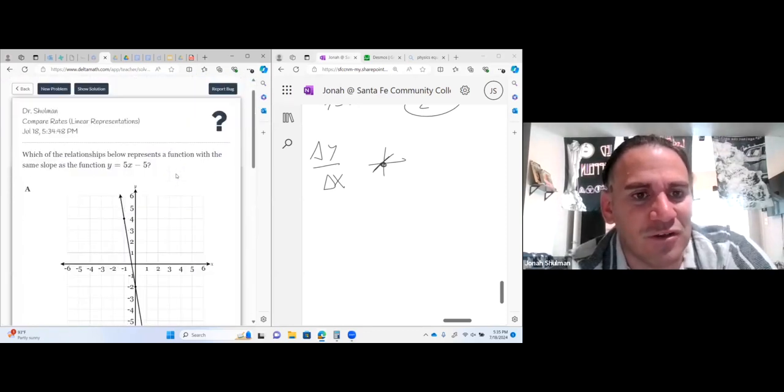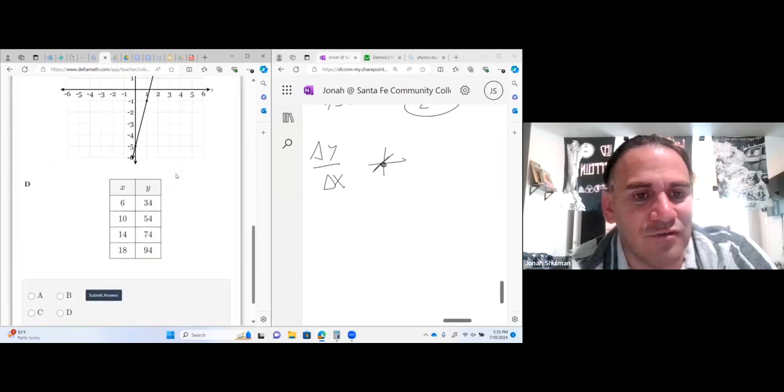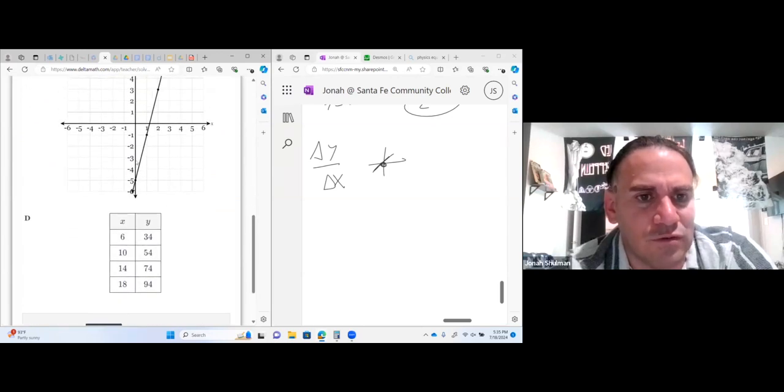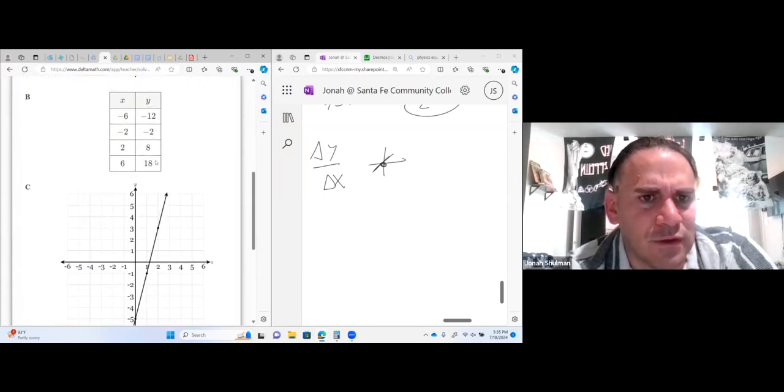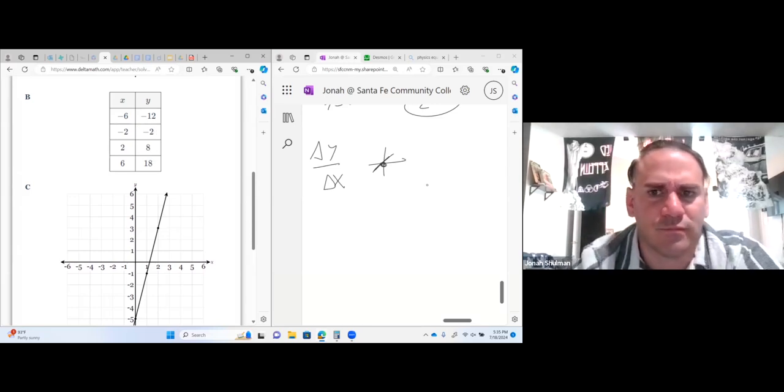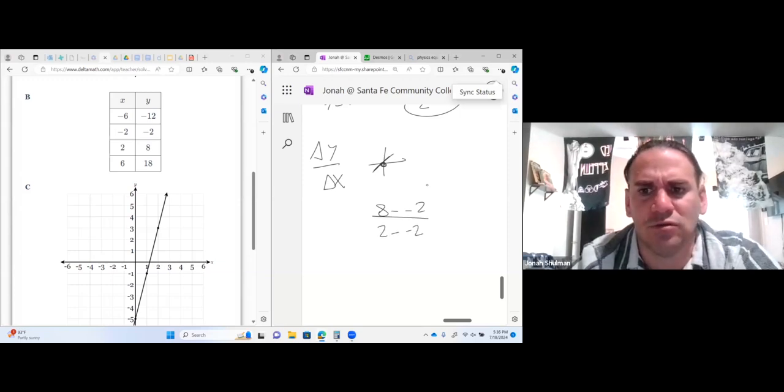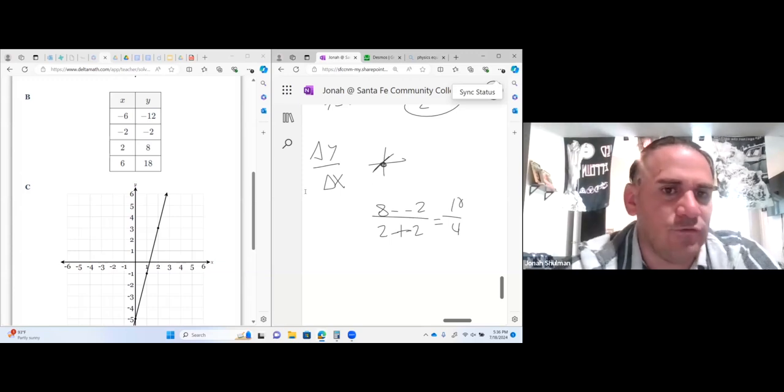Okay. Which one also has the slope of +5? 1, 2, 3, 4, 5 over 1. Not this one. This one's negative. What is the slope of this one? We go up. This is change in y: 8 minus a -2, over change in x, which is 2 minus a -2. 2 plus 2 is 4. 10 over 4 is not 5.